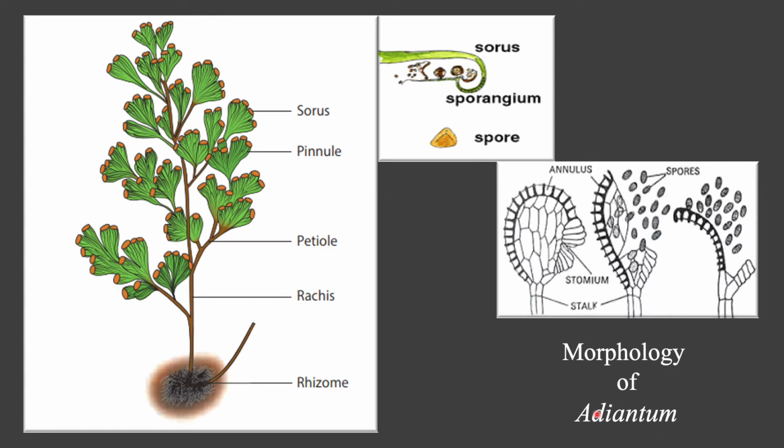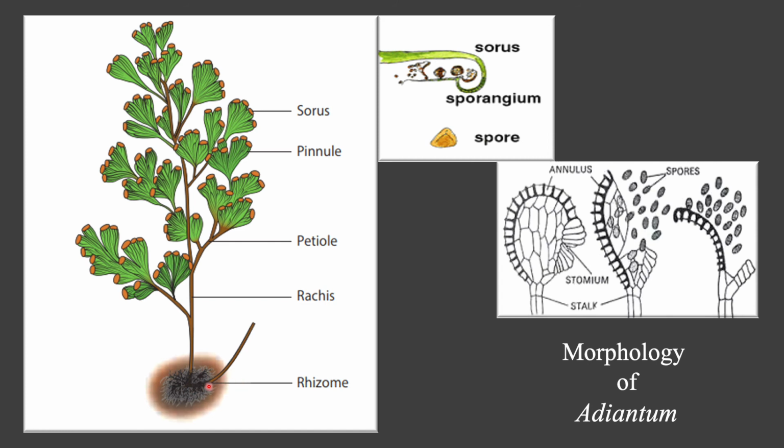Morphology of Adiantum. Adiantum is a common fern growing wild in places along the walls of wells and watercourses. It is a small herb consisting of a stem, roots, and leaves. The stem is a short, thick rhizome lying horizontally in the soil.